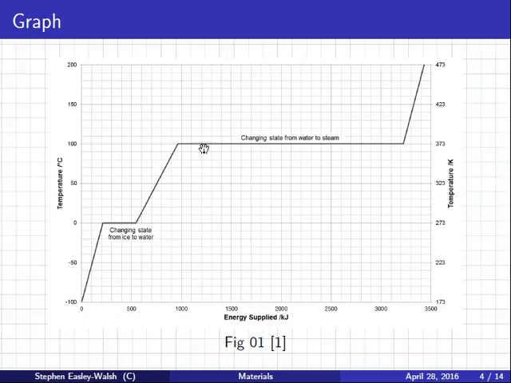It takes more time and energy to change it from a liquid to a gas than it does from a solid to liquid. A lot more actually. So try and draw this. Don't worry about the exact numbers. Just make sure you have a 0 and a 100 marked here on the y-axis, and that this length is longer than this length.